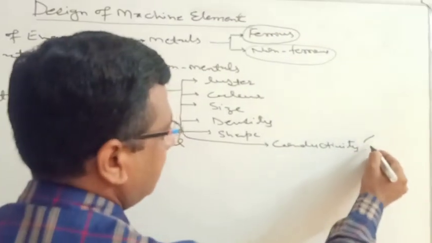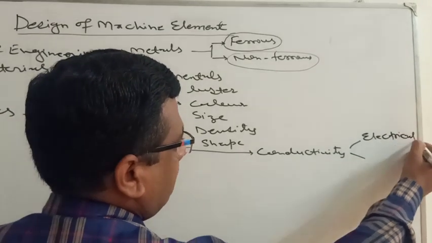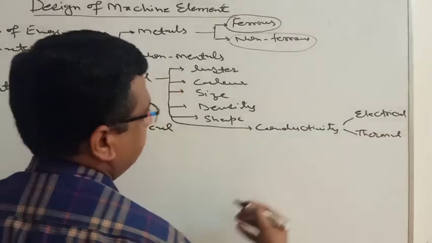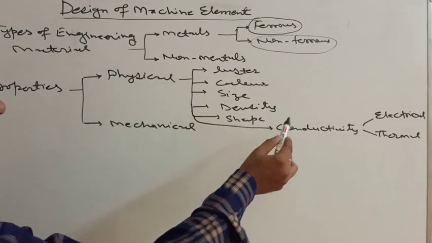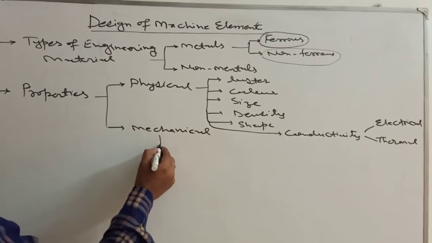Conductivity may be electrical or thermal conductivity. These are the various physical properties.